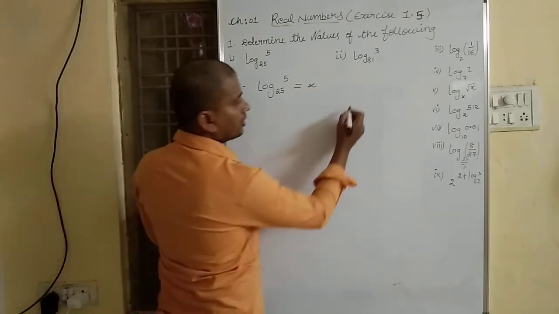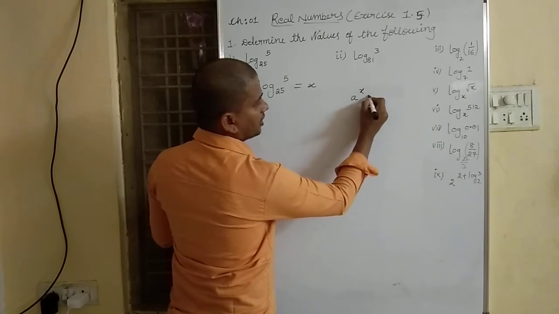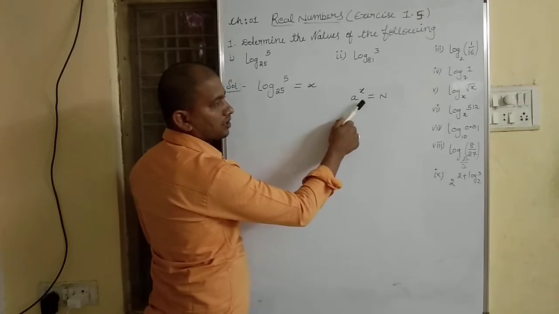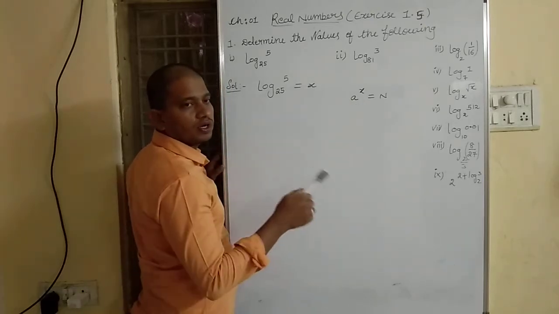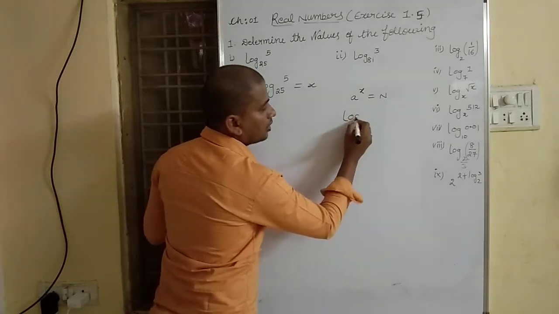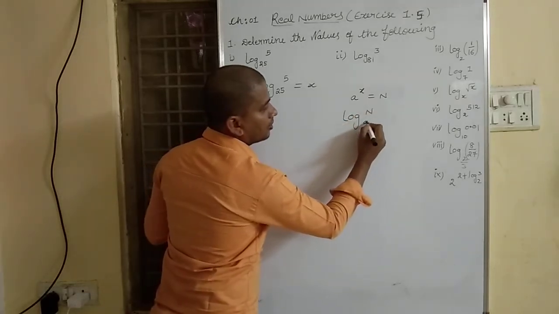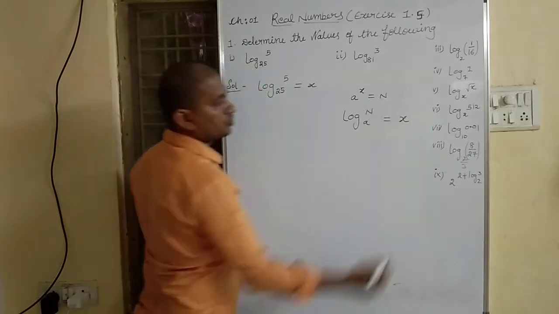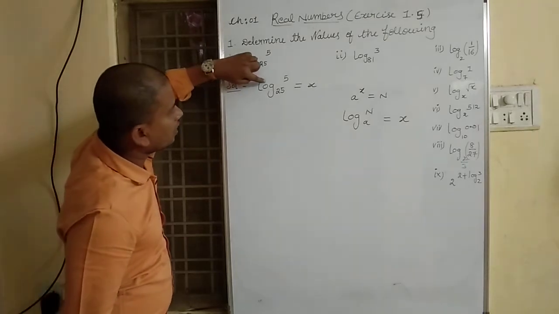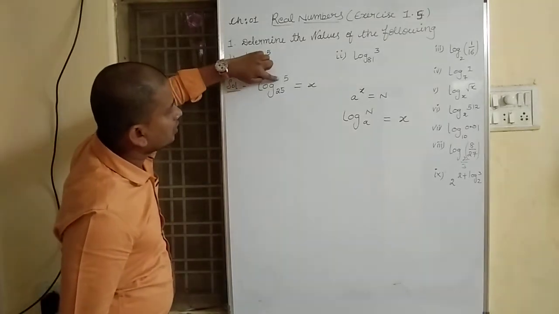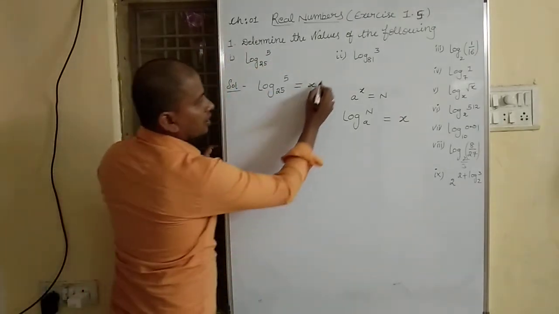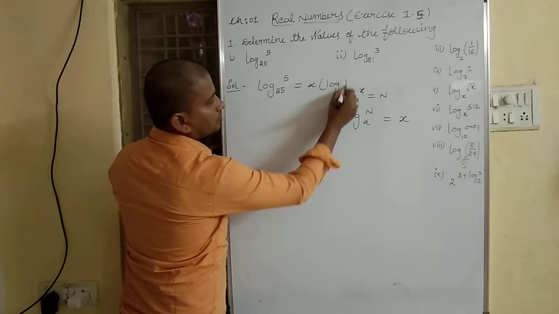As we know, if a power x equal to n, this is our exponential form. How to convert exponential form into logarithmic form? That is log n base a equal to x, which is our logarithmic form.